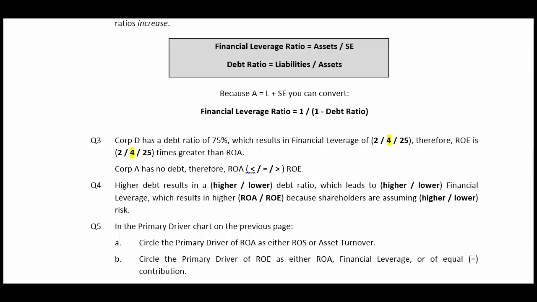Higher debt results in a higher debt ratio, which leads to higher financial leverage, which results in a higher ROE. Because, and this is the key part, shareholders are assuming higher risk.